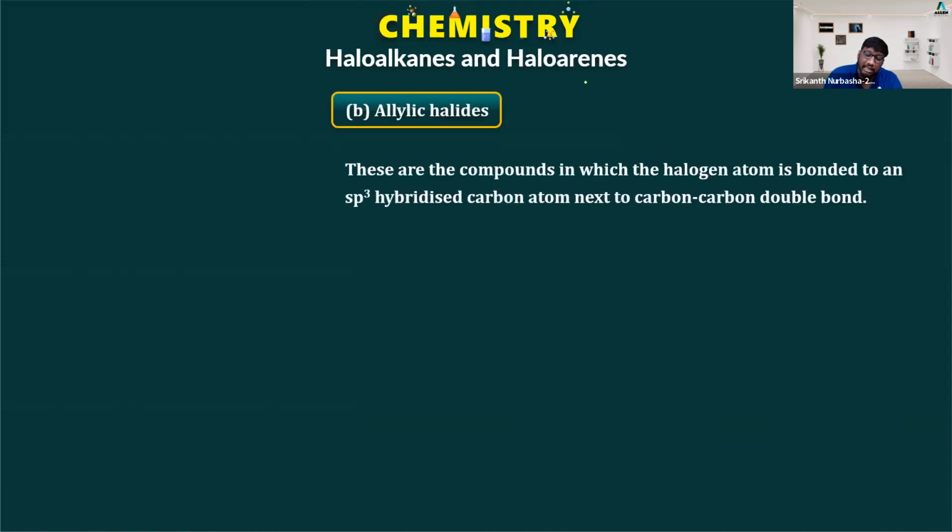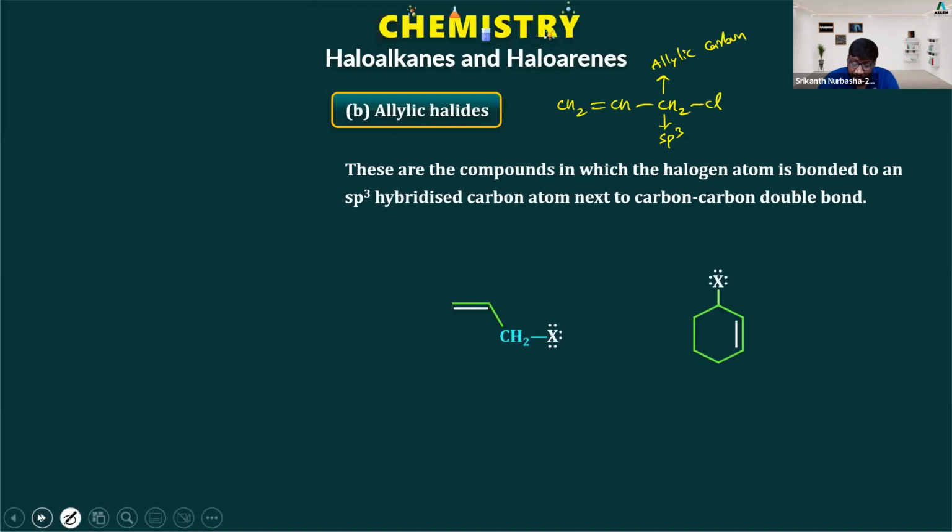Allylic halides also come under this category because you have CH2=CH-CH2Cl. Chlorine is connected to an sp3 hybridized carbon, which is the allylic position or allylic carbon. Similarly, we have benzylic positions.